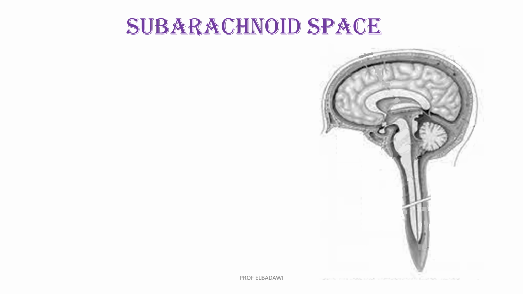Now, this is about the subarachnoid space, but the other spaces are important also. We have a space outside the dura, which we call the epidural space, a space between the dura and the arachnoid, the subdural space, and the space which you can see here, the subarachnoid space deep to the arachnoid, between the arachnoid and the pia.